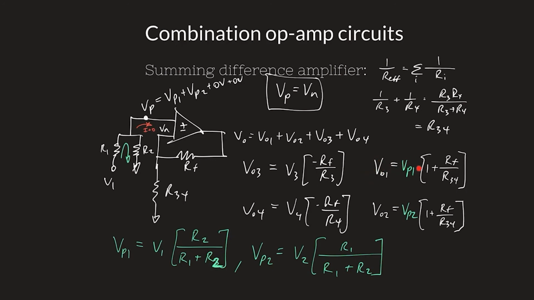VO1 has whatever is seen on the non-inverting node times the gain, but that value seen on the non-inverting node is actually this value being divided. It's the actual input that has a divided value on it. So we're depleting the inputs already, so we have to compensate for the depleted input on the gain term. That's just how it works for a non-inverting amplifier. The non-inverting input, if you do superposition on the inputs, then you get these dividers out there on the front.